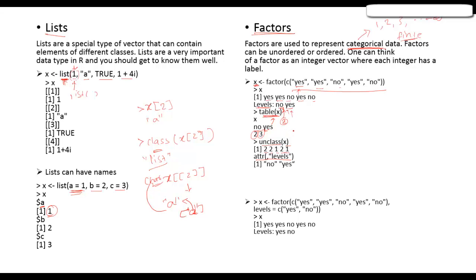So it comes in the category of matrix, list, and factor. These are classes that are not atomic data types, but still are written as the class of some object. Well, that's pretty much it about factor.